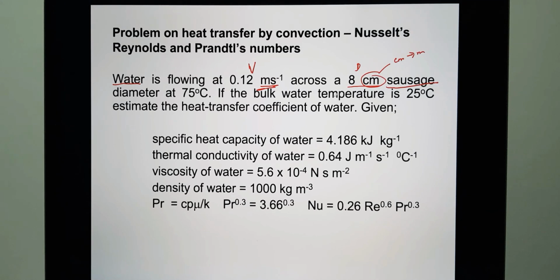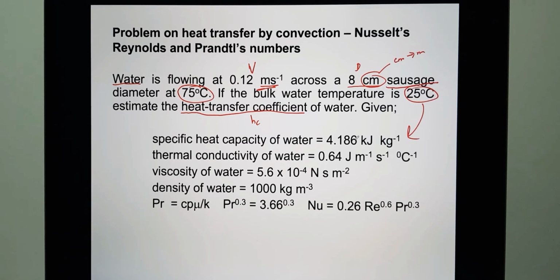The temperature is 75 degrees Celsius, and the bulk water temperature is 25 degrees Celsius. Estimate the heat transfer coefficient. For the heat transfer coefficient, you are going to calculate the value of Hc. This particular temperature is for you to calculate the mean film temperature in order to get the physical properties.